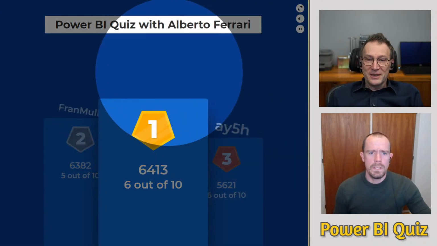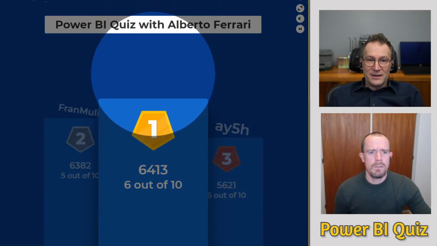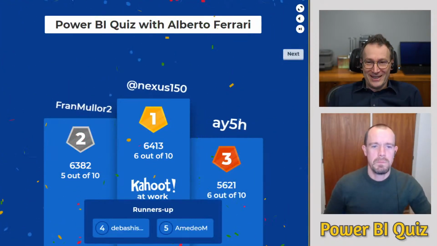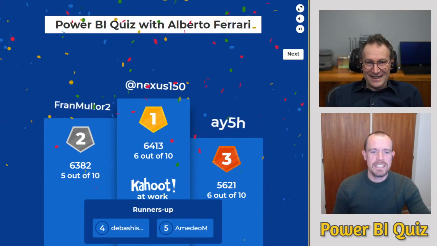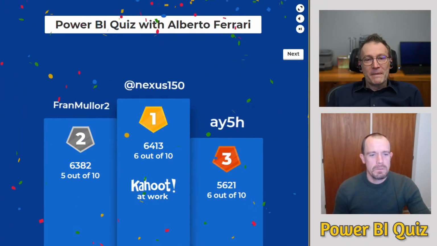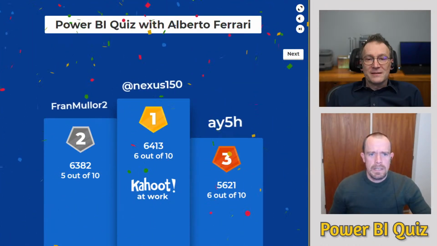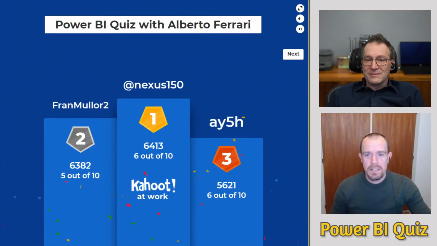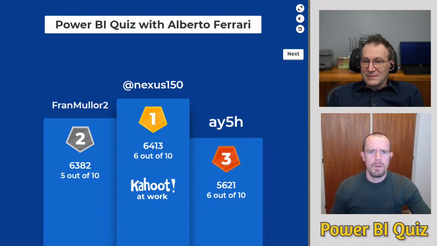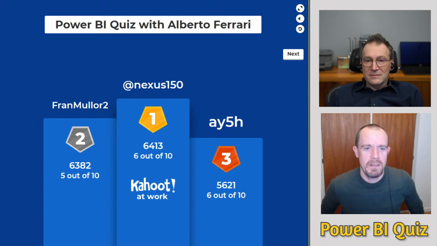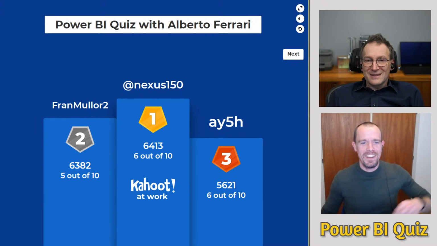And who is the winner with 6 out of 10 correct? Could it be Nexus? Ricardo from Spain. Congratulations, and thank you for being part of the quiz. I'm totally stunned once again. You can win 5 quizzes in a row. I believe you have a Trojan horse on my machine, or how can you do that?